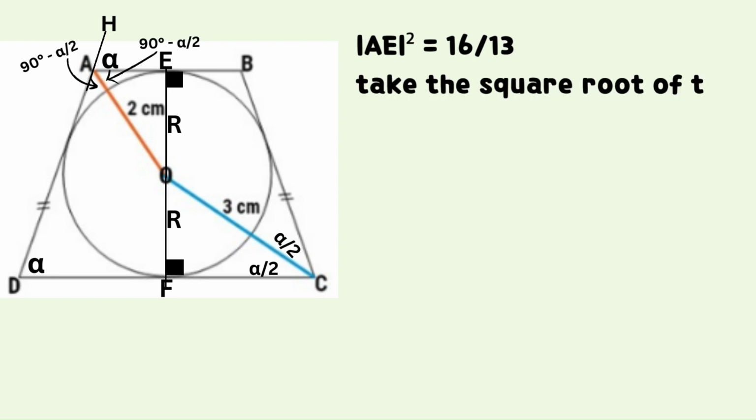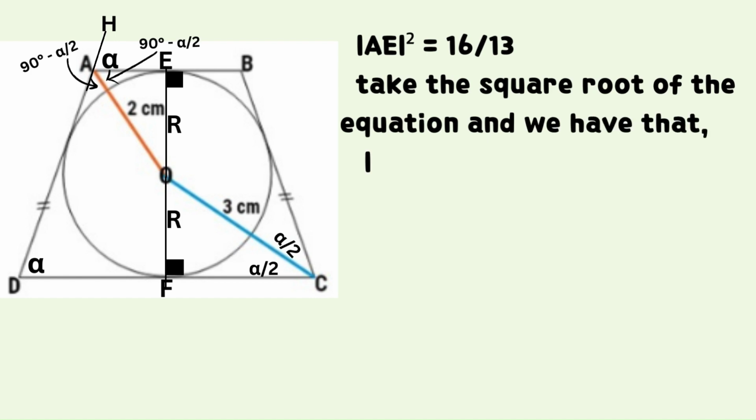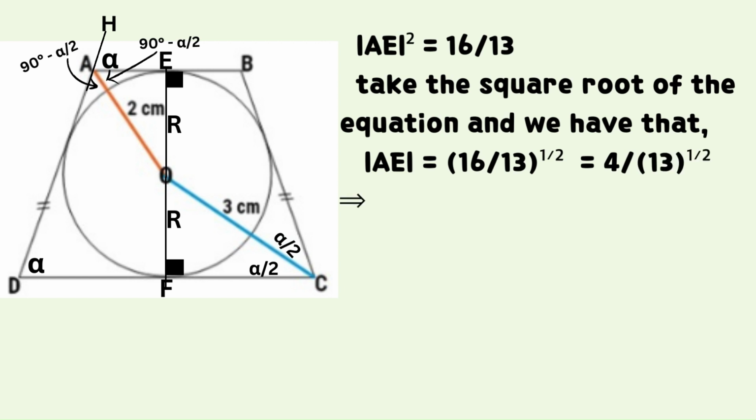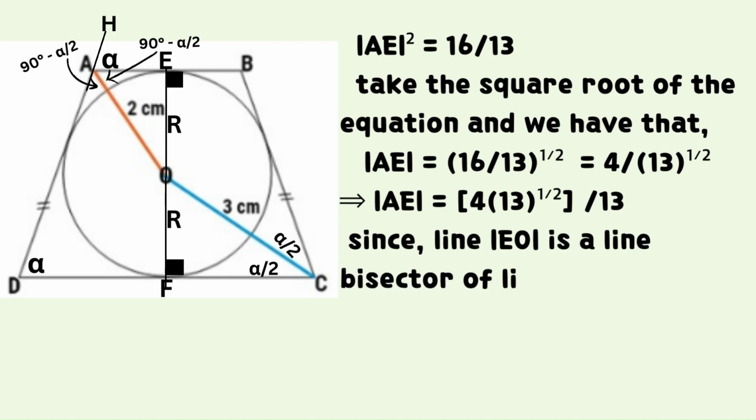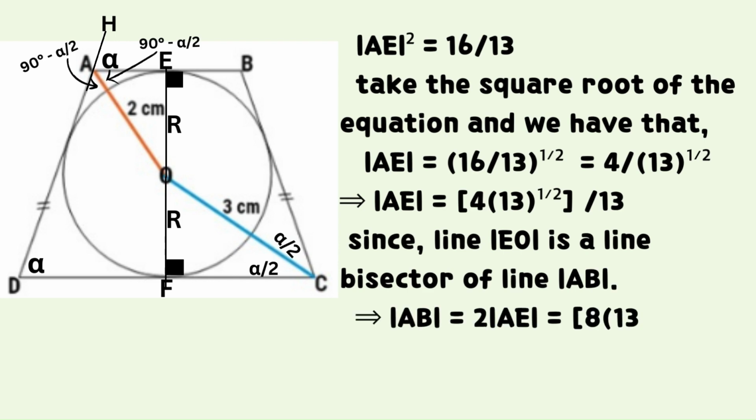Take the square root of the equation, and we have that line AE equals the square root of 16 divided by 13, which equals 4 times the square root of 13 all divided by 13. Since line EO is a line bisector of line AB, thus line AB equals the product of 2 and line AE, which equals 8 times the square root of 13 all divided by 13.